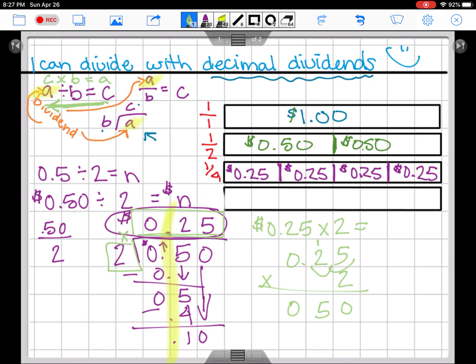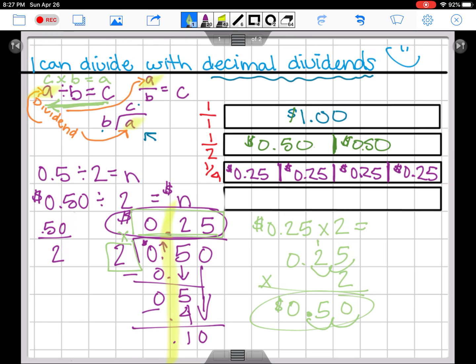Carry the 1. 2 times 2 is 4, plus 1 is 5. 2 times 0 is 0. We have hundredths in this factor and nothing in our other factor, so we're going to have hundredths right here. 50 cents. It's beautiful. Just remember to go backwards with that one. If a divided by b equals c, then c multiplied by b equals a. So just keep that in mind.